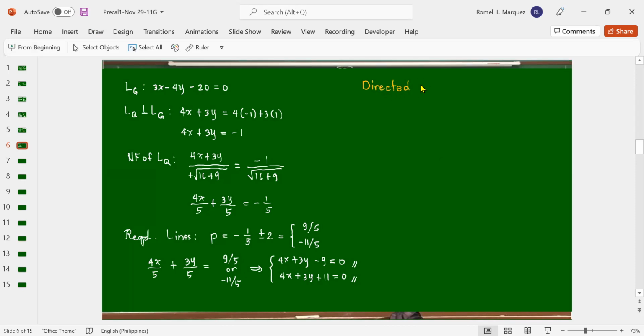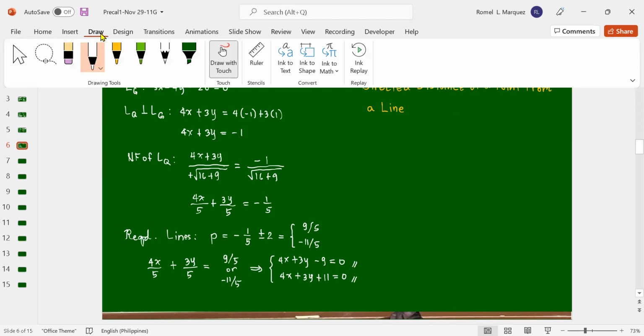Directed distance of a point from a line or from a straight line. So let's illustrate.